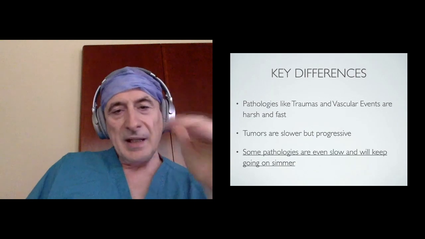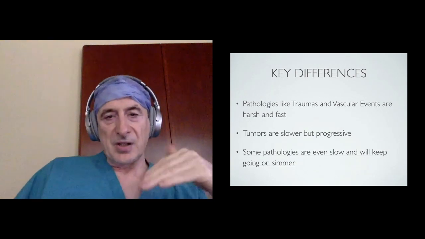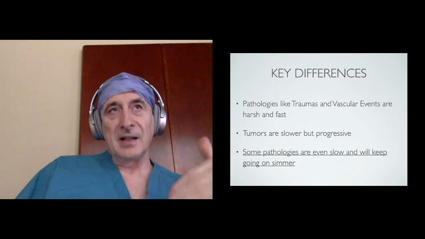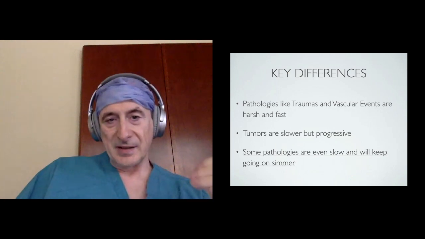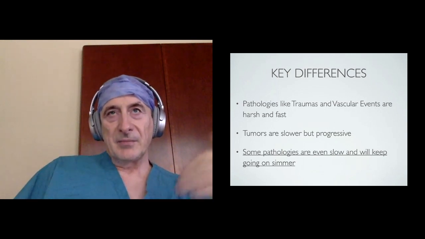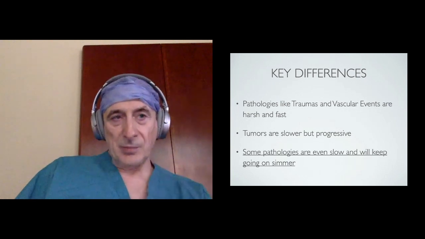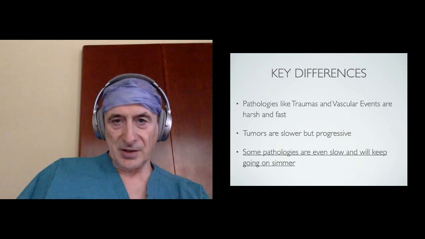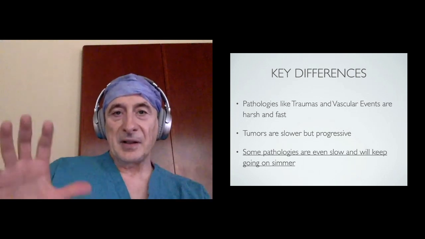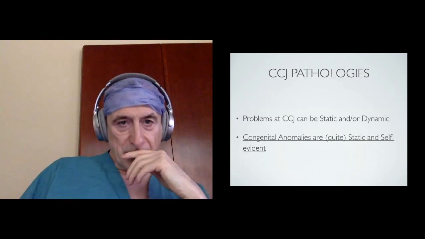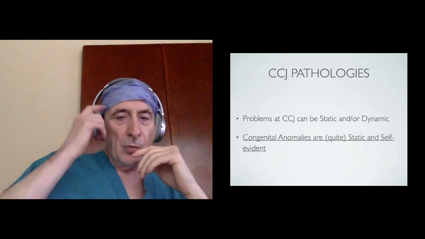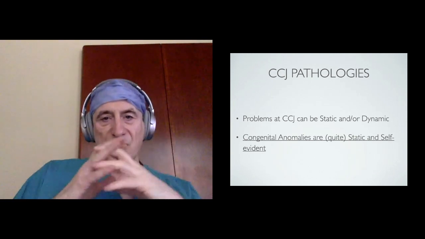The way that these pathologies present in time and in space helps give different clinical presentations within the spectrum of the cervicomedullary syndrome. So what are the pathologies of the craniocervical junction?